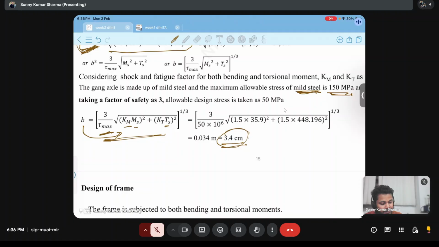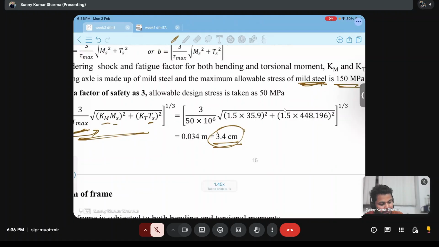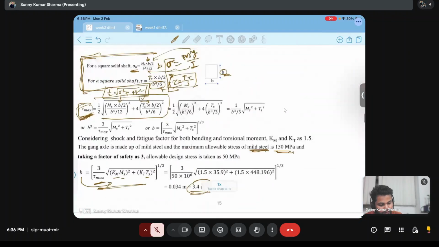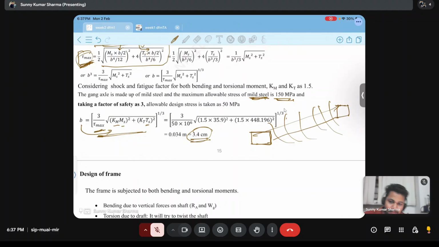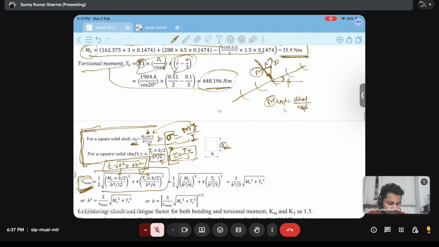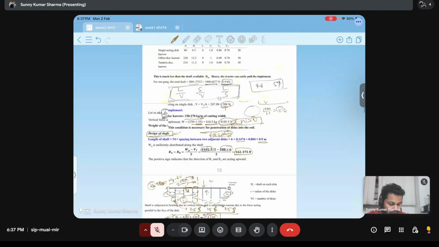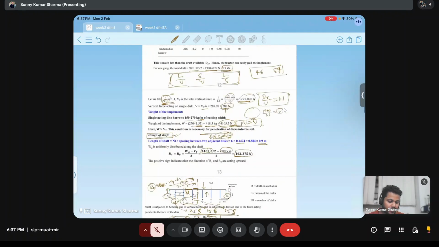So 3.4 centimeter will be the shaft dimension. 3.4 centimeter by 3.4 centimeter will be the square shaft, and on this shaft discs will be mounted. Now you revise from here to here. If you have any doubt, you can ask.